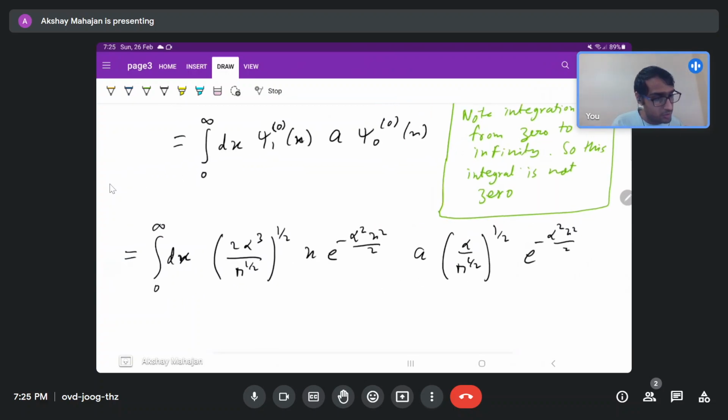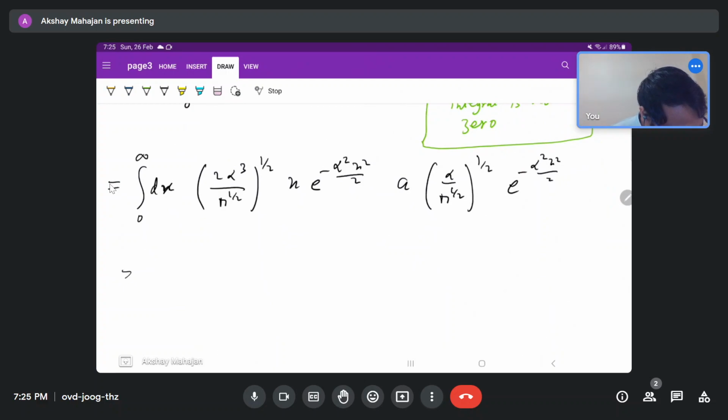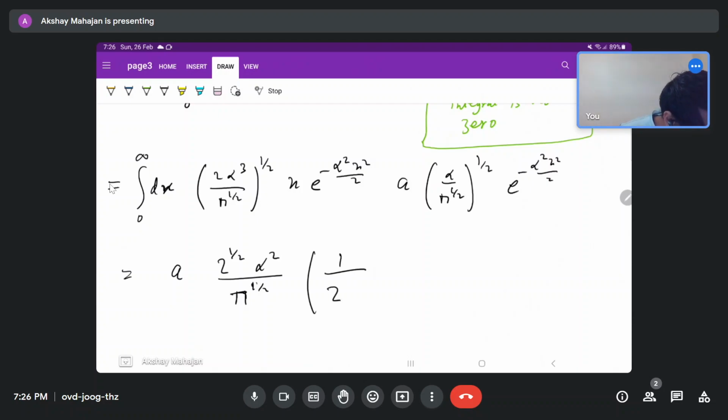So we have to do this integration, and the integration comes as a times, I'm just writing the answer directly here, 1 by 2 alpha square upon pi to the power 1 by 2, which will come as a upon 2 to the power 1 by 2 and pi to the power 1 by 2.